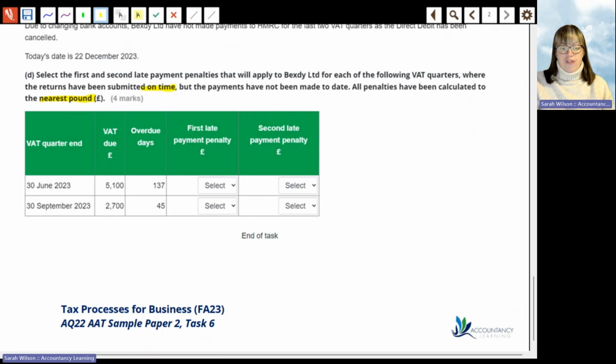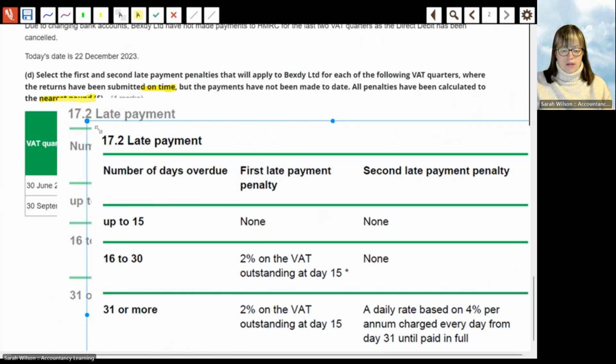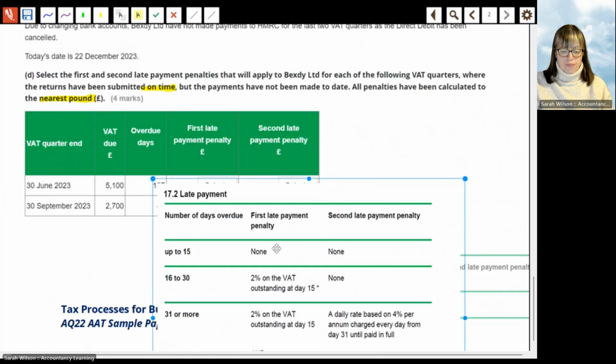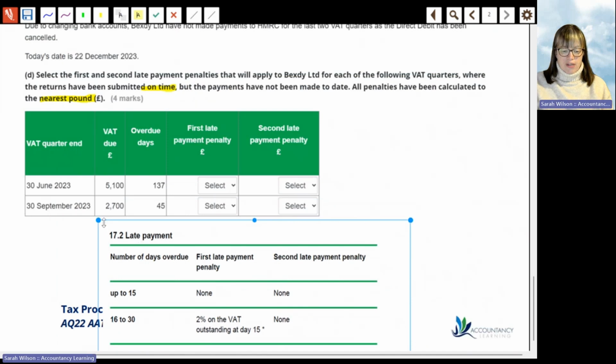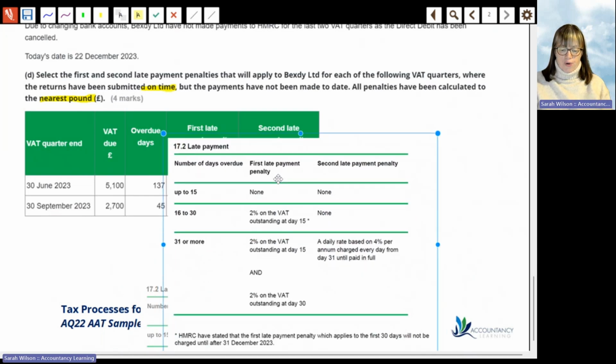So what we need to do for this one is we need to have a look at part of reference material 17. It tells us what the penalties are for the late payments. Remember, the returns have been submitted on time, so we're only dealing with the late payment penalties.